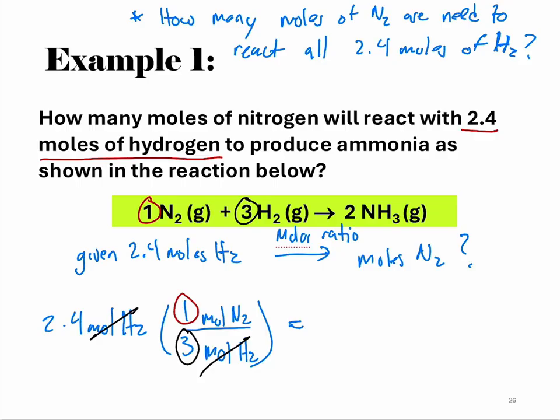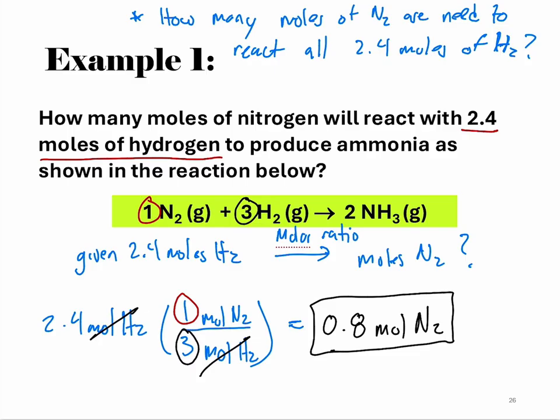We plug that in: 2.4 divided by 3 should be 0.8 moles of N2. And what we would say in words is that we need at least 0.8 moles of N2 to react 2.4 moles of hydrogen here.